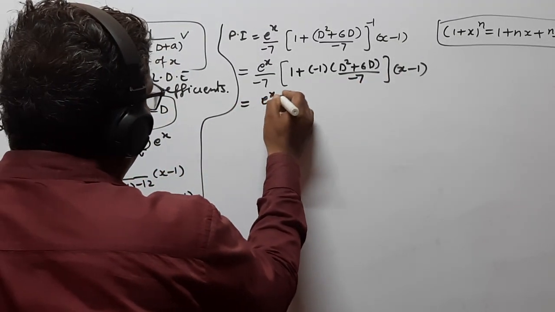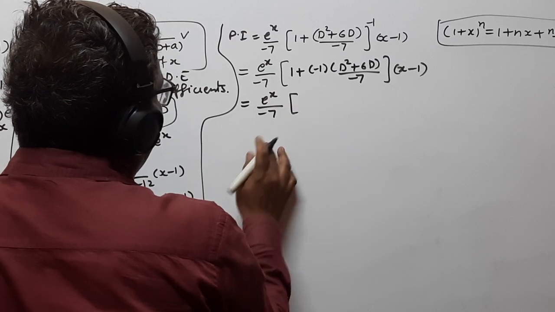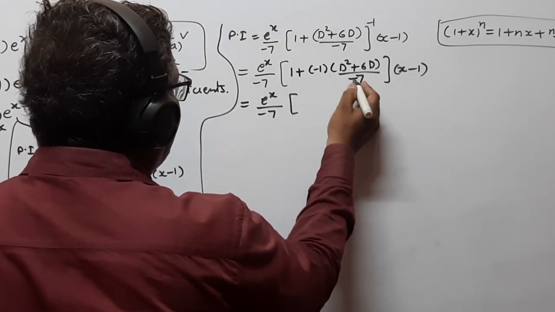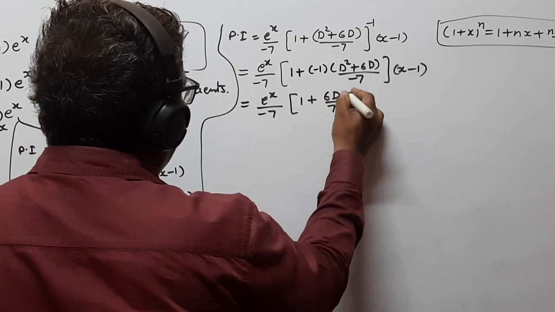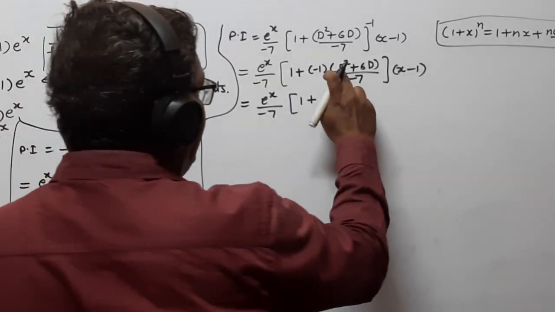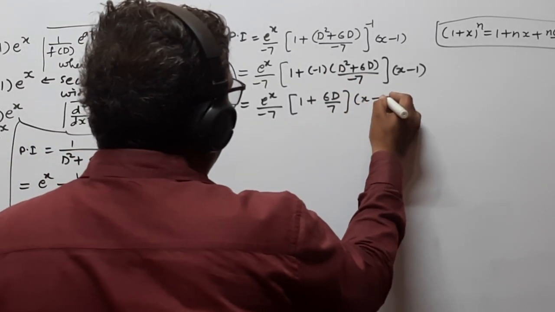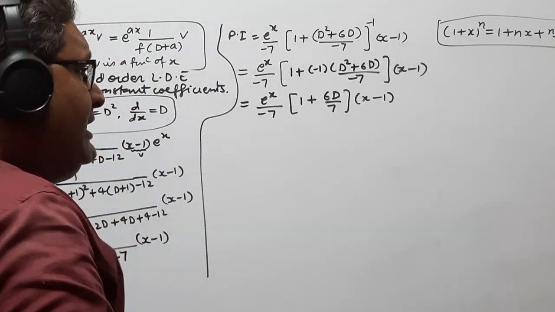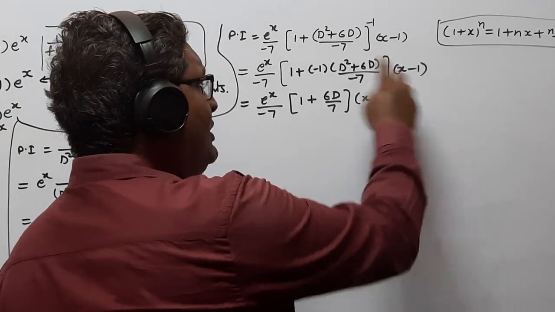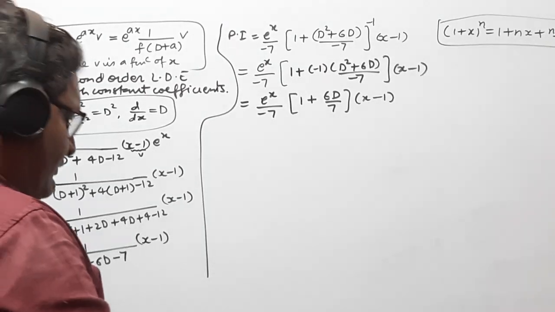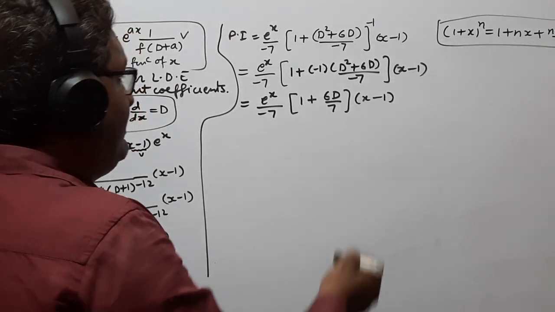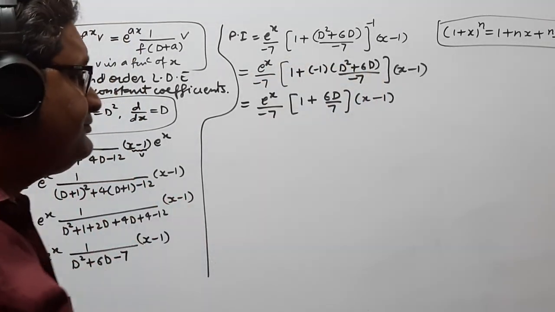Now this can be written as e to the power x divided by minus 7, and this minus minus becomes plus here, and we take only 6D by 7. And neglecting this D square, because when we take D square and differentiate x minus 1 two times, we get 0. So we take only the term 6D.